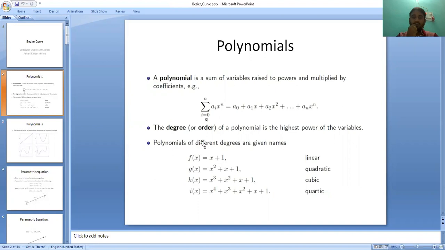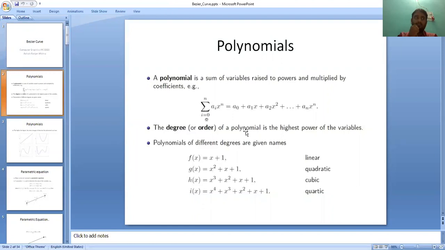This is the equation of a polynomial. When we ask what the degree or order of the polynomial is, we always go for the highest degree of the variable. Here the highest degree is n, so this is an nth degree polynomial.